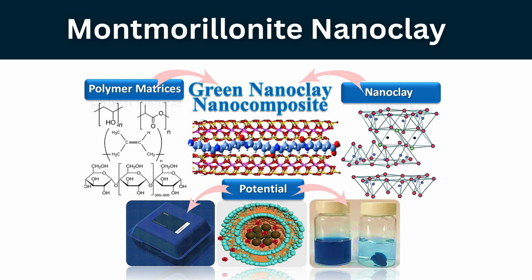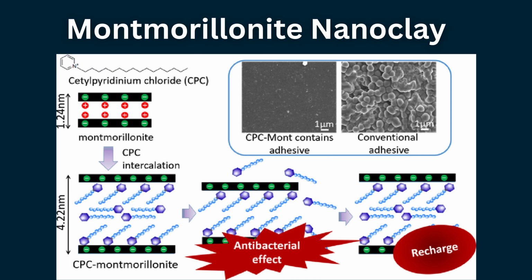Grafted polymer chains increase the interlayer spacing of clay platelets, preventing aggregation and enabling better dispersion. Adhesives containing modified nanoclays show improvements in elastic modulus, flexural strength, diametral tensile strength, and microshear bond strength. Surface modification also enhances colloidal stability and reduces sedimentation.